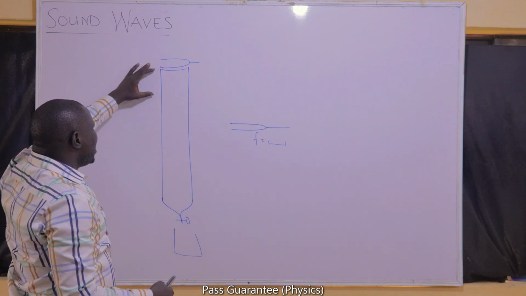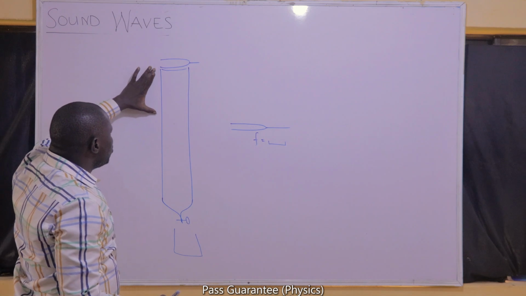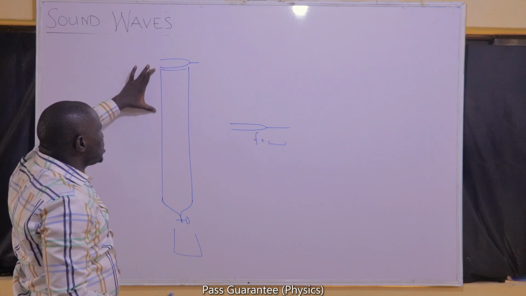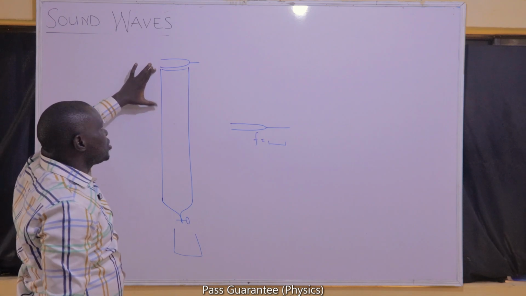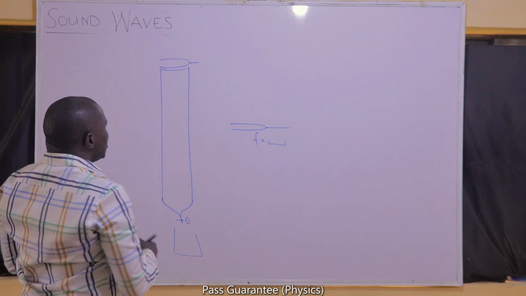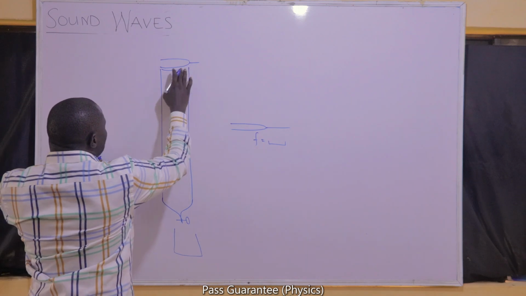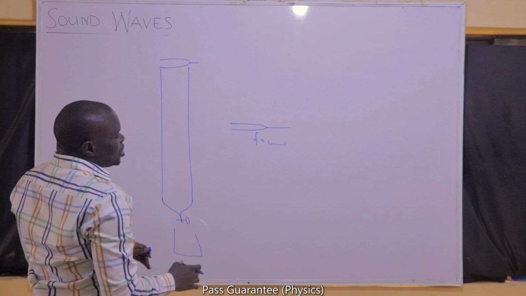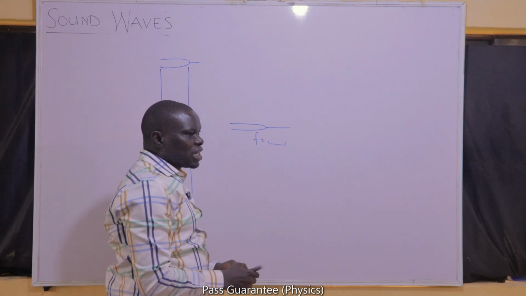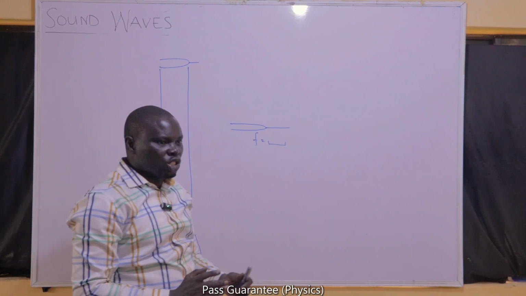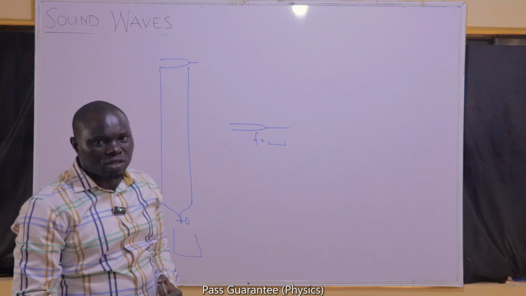A point will come when the amount of air inside the tube is the exact quantity of air that has the same natural frequency as the tuning fork. At that point, how will you know this air will resonate? There will be a sudden surge in the loudness of sound.